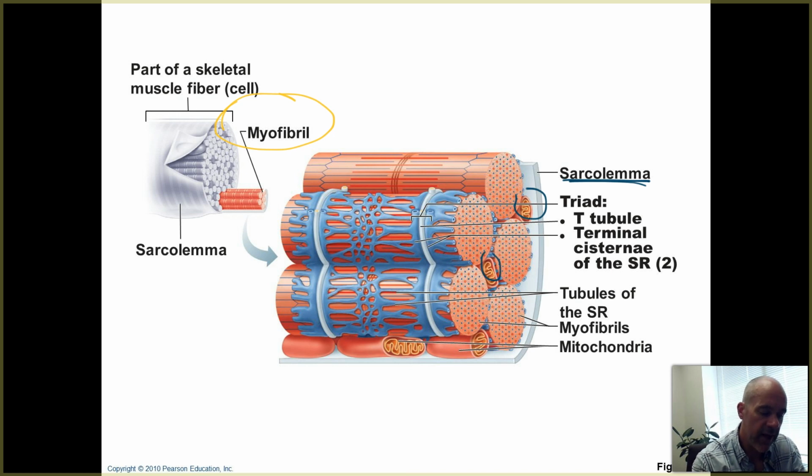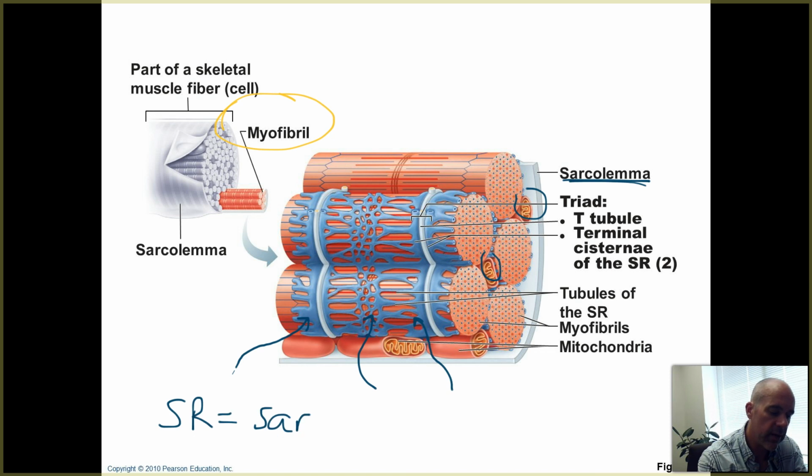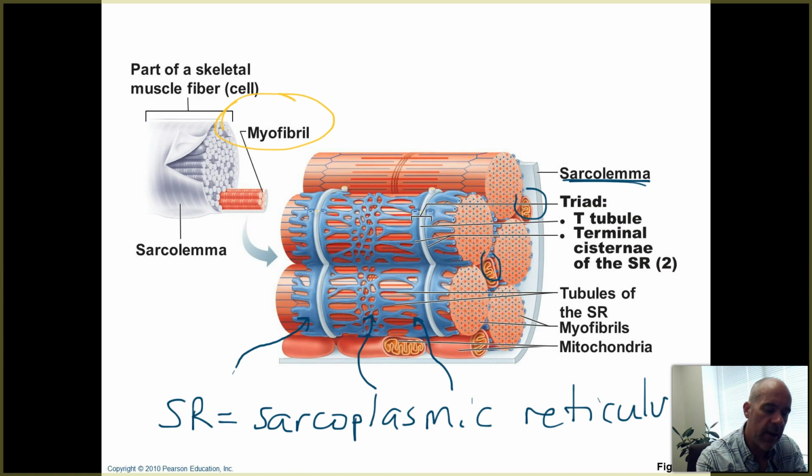The structures they have colored in blue, there and all over, that look webby, that is called the SR, or the sarcoplasmic reticulum. That may remind you of the endoplasmic reticulum from back when we did a little bit about cell structure in Unit 1.